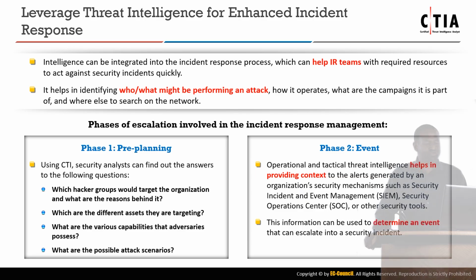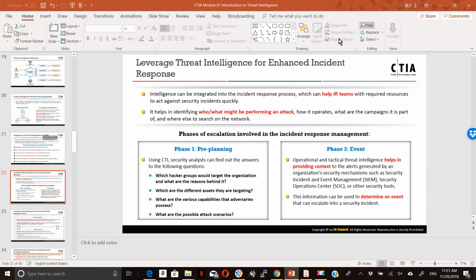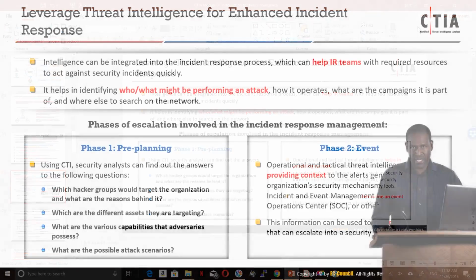Next, we want to leverage threat intelligence for enhanced incident response. So with threat intelligence, what we want to do is integrate our incident response process in order to help our incident response teams to have the resources that they need to act against incidents quickly.